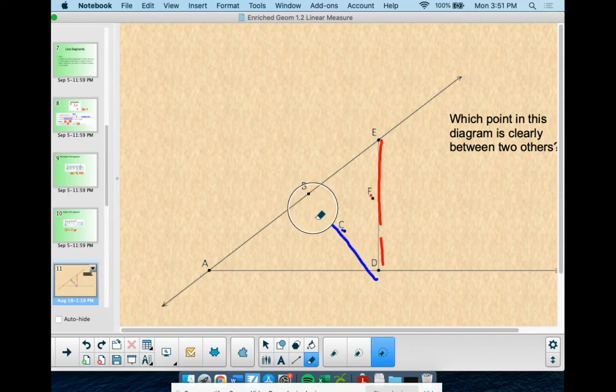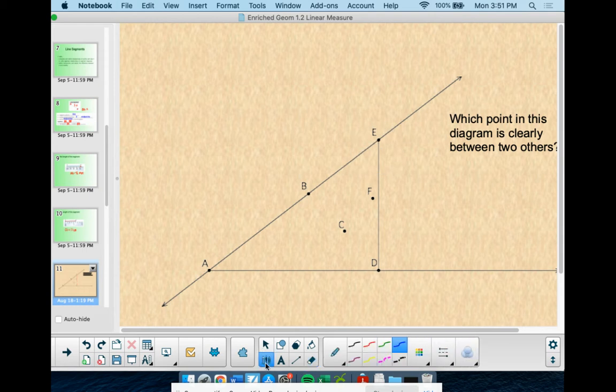However, there's only one real answer to this, and that would be that B is between points A and E. The reason for that is they're on the same line. They are collinear. For a point to be between two other points, they have to be collinear.